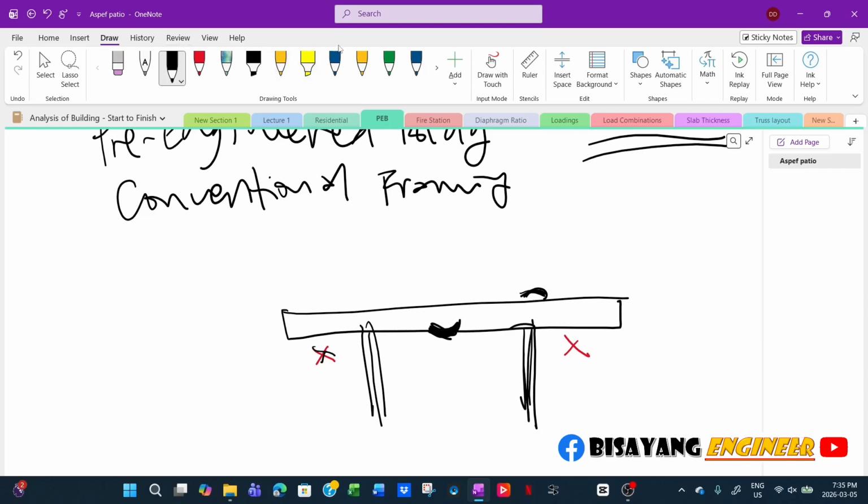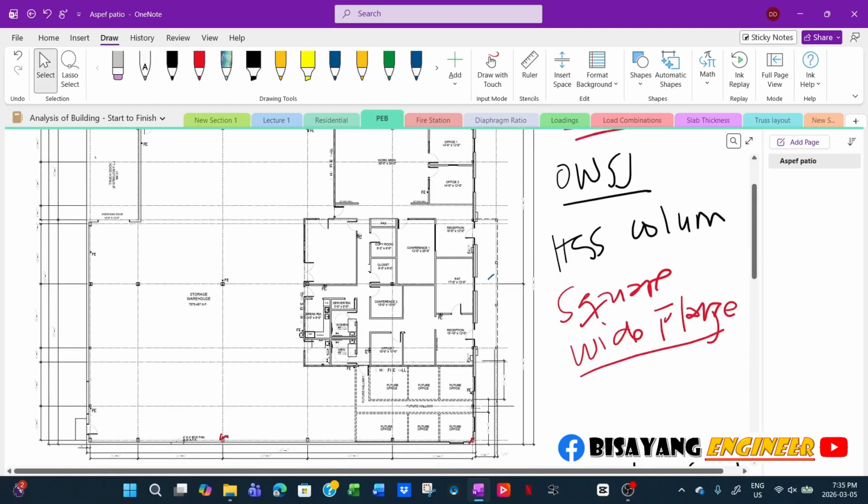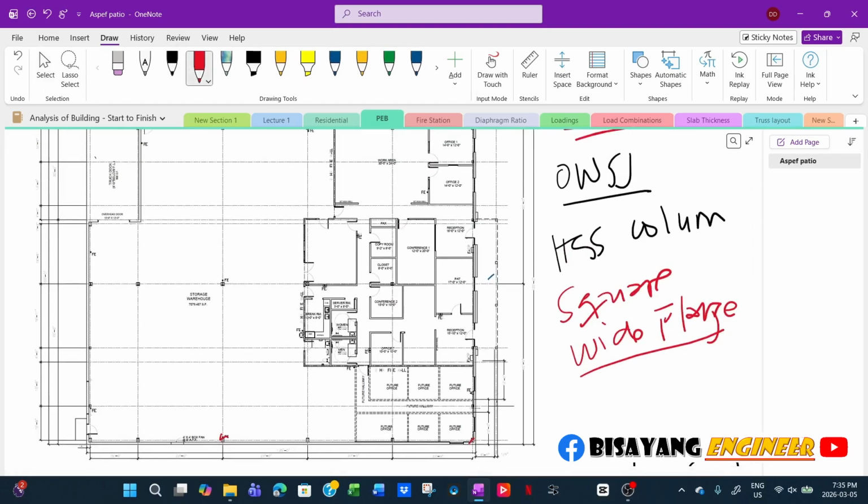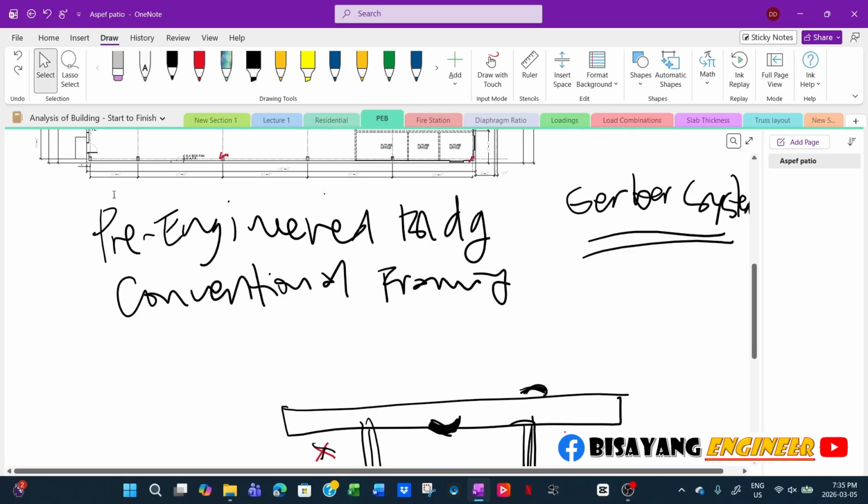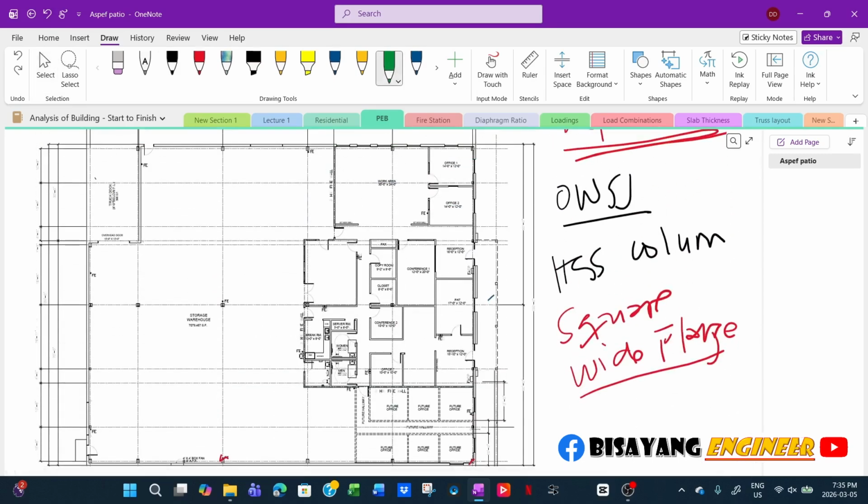Now, how does this apply in the actual framing? Usually, they will have this frame here, this beam. I haven't done any project this way because most of the steel buildings that I worked on are for commercial application, like commercial retail units, and they don't want any cross bracing.